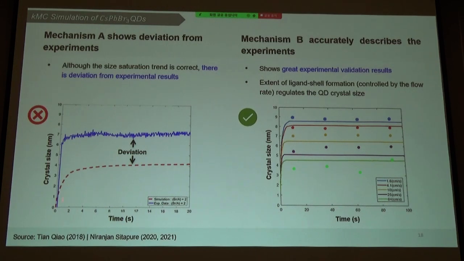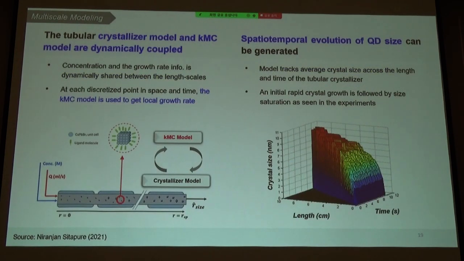This was more like batch, and this was for the tubular reactors that we collaborated on with the professor at North Carolina State University. Once that kinetic simulation was constructed, we integrated it with the tubular crystallizer model, which was primarily based on mass and energy balance equations.